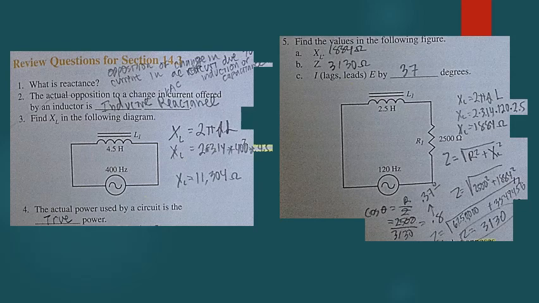To find Z, which is your impedance, again is your resistance to AC, total resistance to AC.